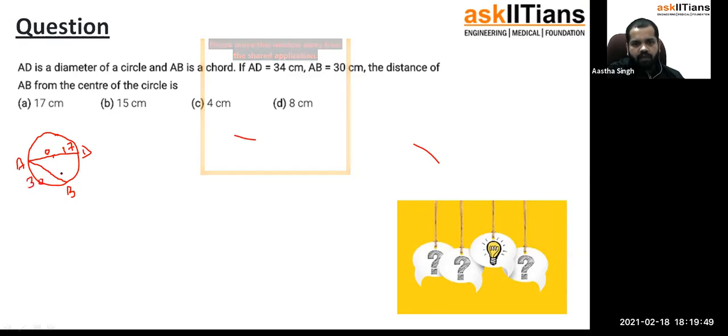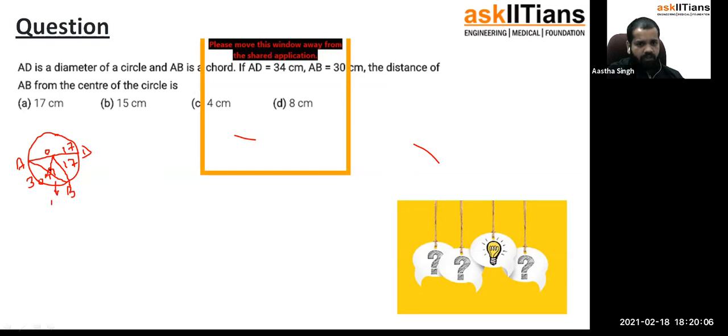The distance of AB from the center of the circle. If you draw a perpendicular, OB will be 17 and, let's suppose, MB will be 15. Just need to calculate the OM, right?